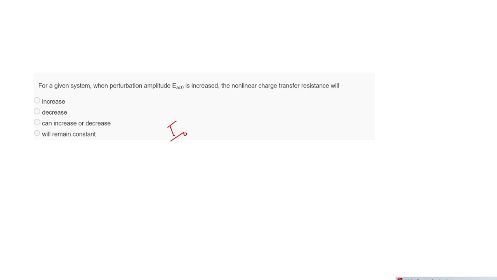In the charge transfer resistance, you have something over here, B into EAC naught, and again you have one term EAC naught here also. So it is a combined effect of both of them. That's why we cannot exactly predict. It is having two terms in numerator as well as denominator, so we cannot exactly say it will increase or decrease. Instead, it can increase or decrease.